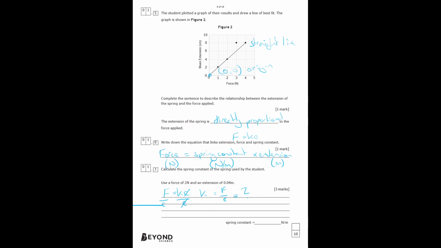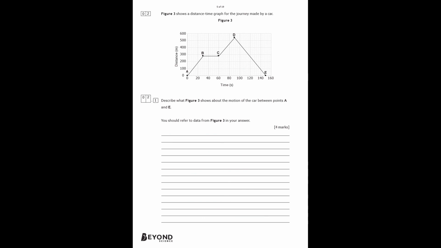The force, we're told, is 2 newtons, the extension 0.04 meters, and referring to my calculator, 2 divided by 0.04, yeah, I should have been able to do that in my head. 50 newtons per meter. If you're interested, what that means is it takes 50 newtons to stretch this spring by a meter. That is question 1.